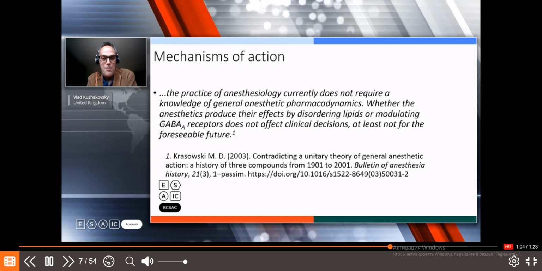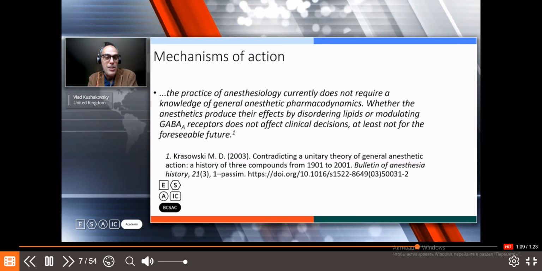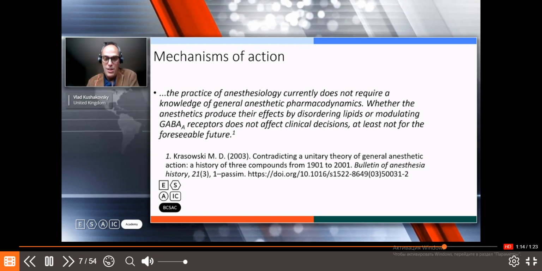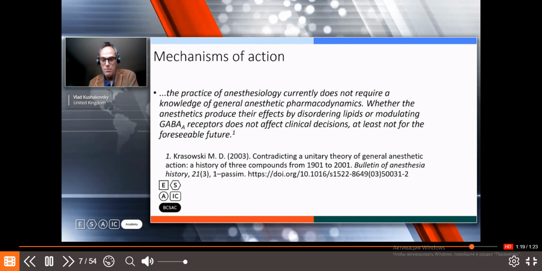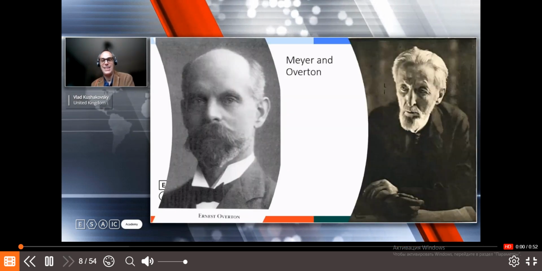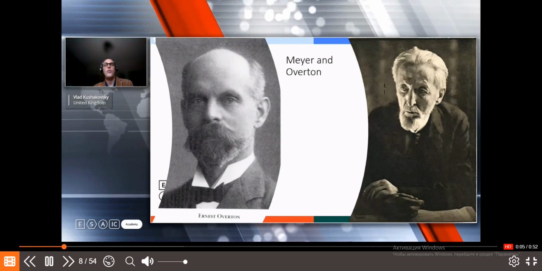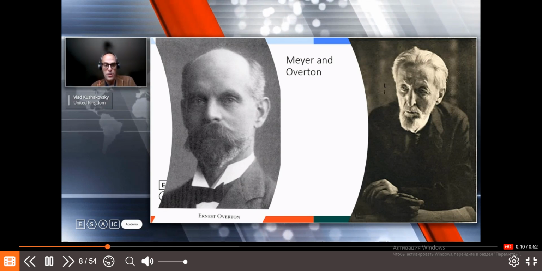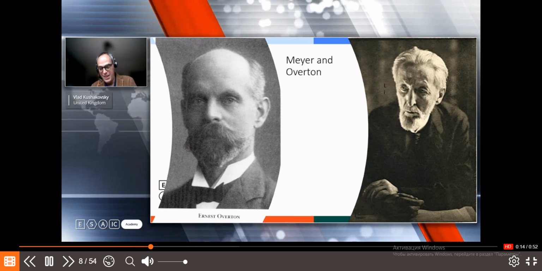Having said that, it is interesting but largely immaterial, because we all as doctors are a bit of scientists, and we want to know how things work. It's impossible to talk about the mechanisms of action of anesthetic agents without mentioning Meyer and Overton, and you will all be familiar with their hypothesis.